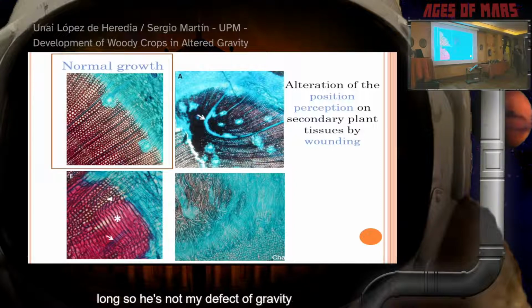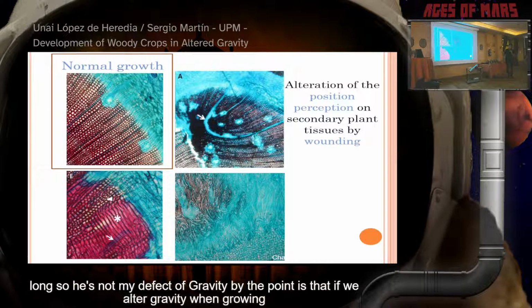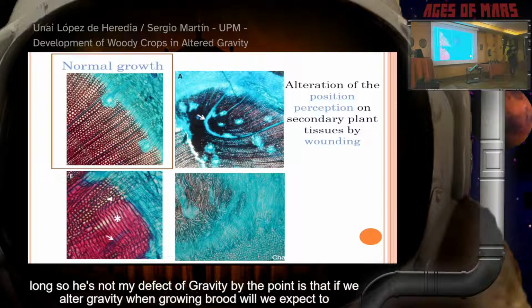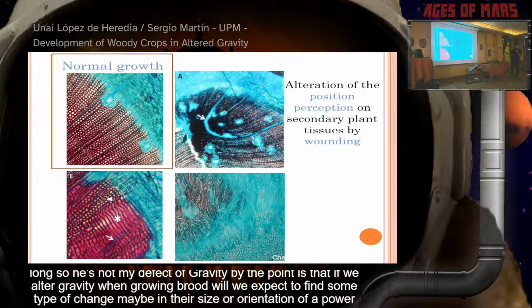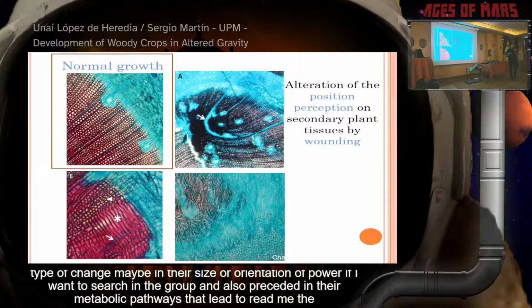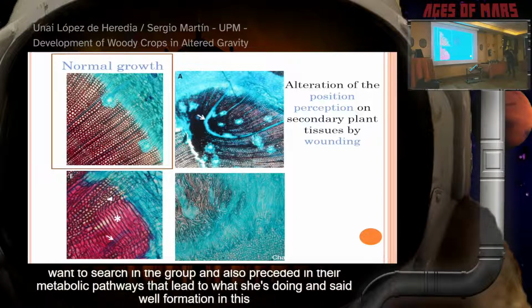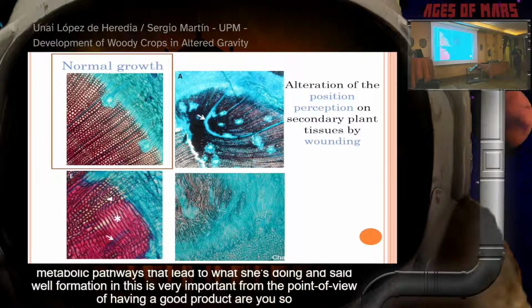But the point is that if we alter gravity when growing wood, we will expect to find some type of change, maybe in the size or orientation of our cells in the wood, and also possibly in the metabolic pathways that lead to lignin deposition and cell wall formation. And this is very important from the point of view of having a good product, a usable product.